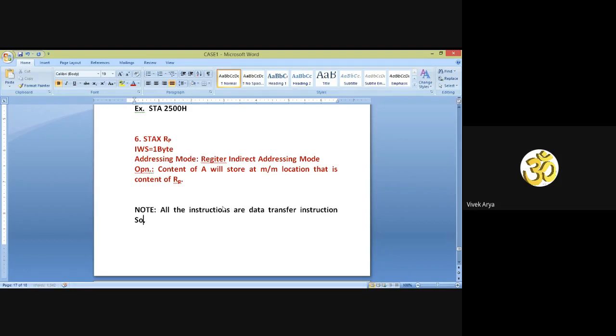So the flag register will not be affected by these instructions. Okay, are you getting my point? This is a very important note.